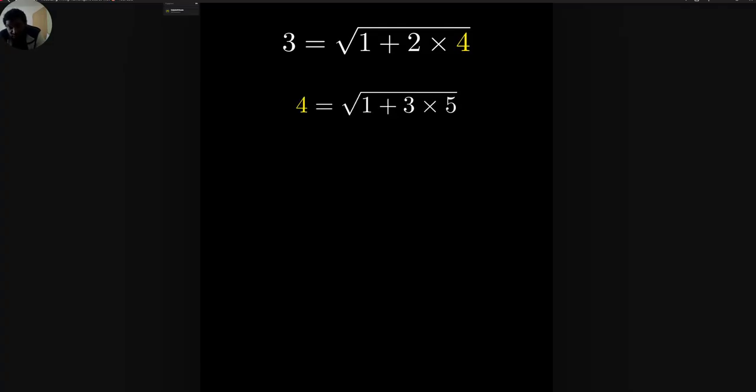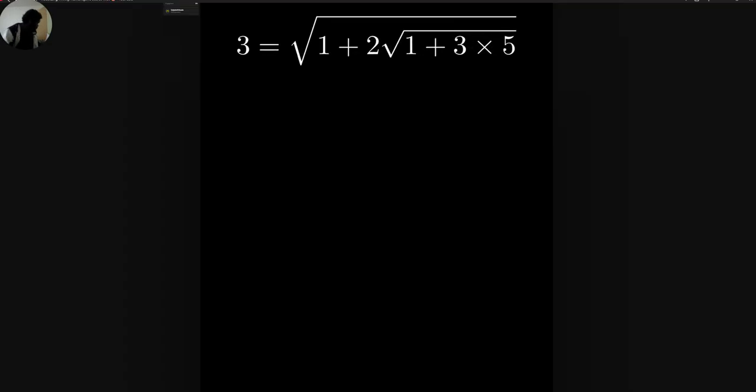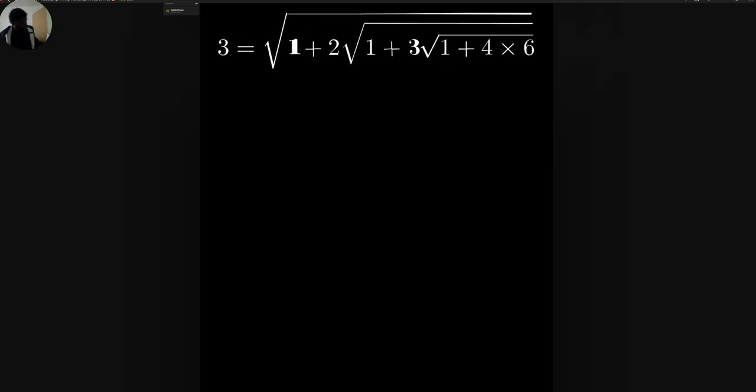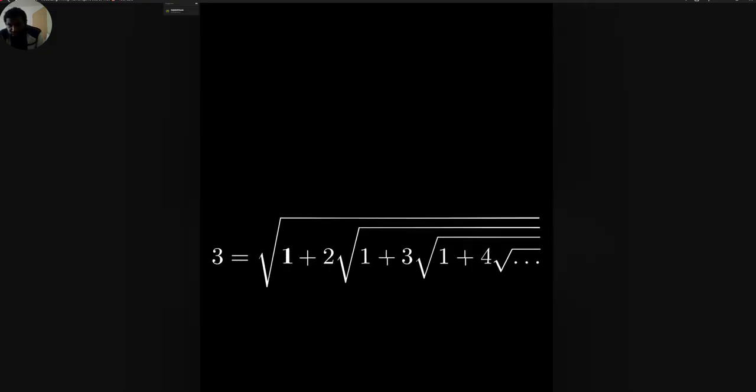So Ramanujan looked at the 4 in his equation and applied the exact same logic. 4 is the square root of 1 plus 3 times 5. So he took this value and plugged it back into the top equation. He realized he could keep going forever. The 5 becomes 1 plus 4 times 6. The 6 opens up even further. And that is how Ramanujan proved that this terrifying infinite monster is simply the number 3 in disguise.